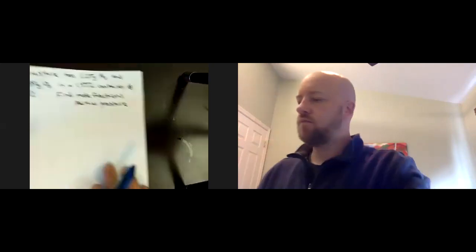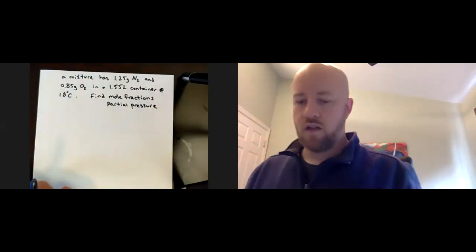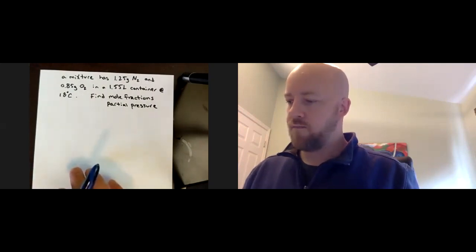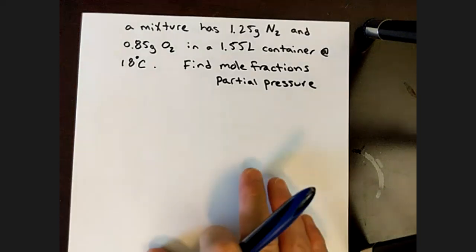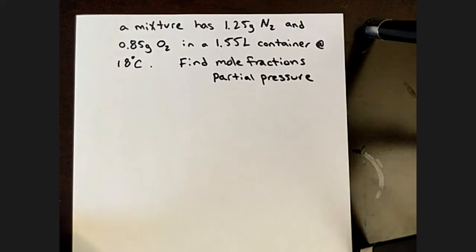Okay, so let's look at a second problem here. This one is very common in how a lot of these gas problems are presented, especially if we're looking at things like partial pressure.